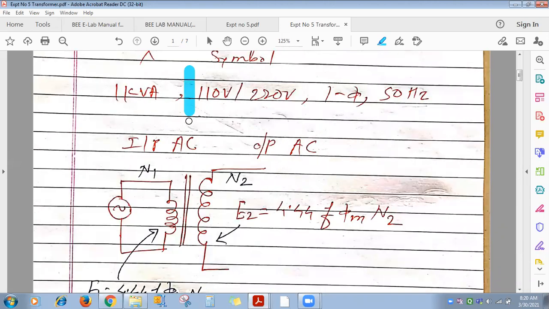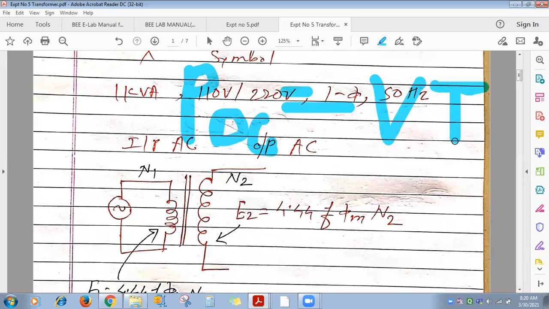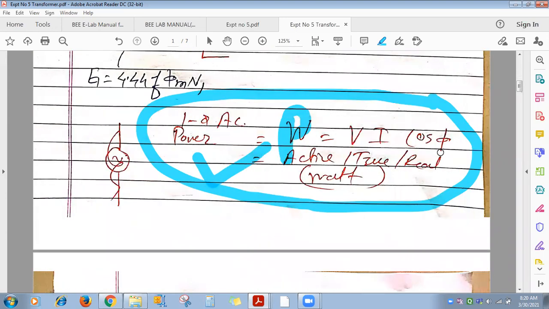In DC circuit, what is the formula for DC power? Yes, what is the formula for DC power? V into I. V into I means only voltmeter ammeter reading is sufficient. Connect one voltmeter, connect one ammeter and note down the readings, take its product, you will get the power. But what about for AC circuit? Cos phi also required.